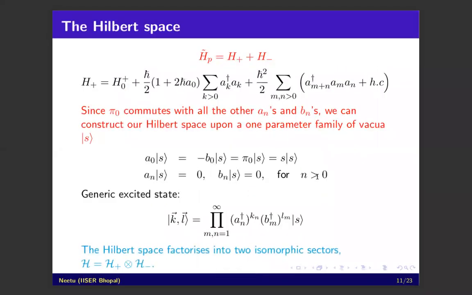So next we go to the Hilbert space. If we write down the Hamiltonian in terms of these modes, then the Hamiltonian factorizes into two parts, H plus and H minus, where H plus is given completely in terms of the modes A, which are the modes of p plus tilde, and H minus is given completely in terms of modes B. Further, both H plus and H minus have three parts: H plus 0, which depends completely on the zero modes, then this quadratic part, and then this cubic term, which we can think of as a cubic interaction between the modes.